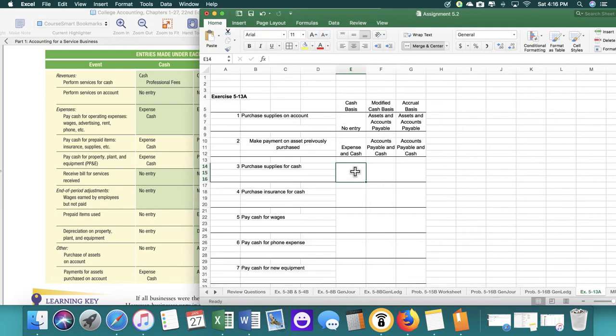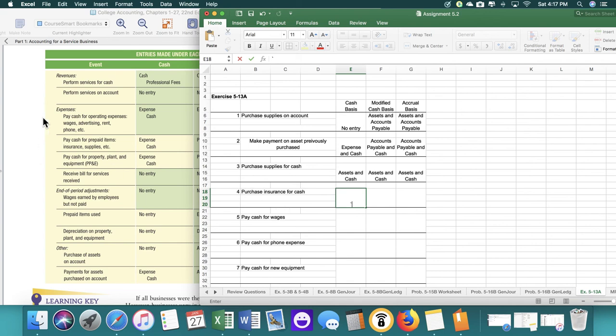So because we're purchasing supplies, it's going to be assets, cash. There we go. And it's actually going to be the same for all three.